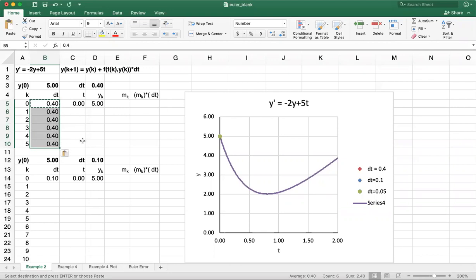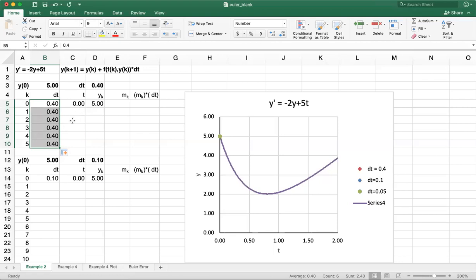That's one way in which you can copy delta t. Or if you click on the very bottom right corner of the cell, that creates a black plus sign instead of your mouse's normal arrow. Then you can just drag it down, and that will give you 0.4 everywhere.